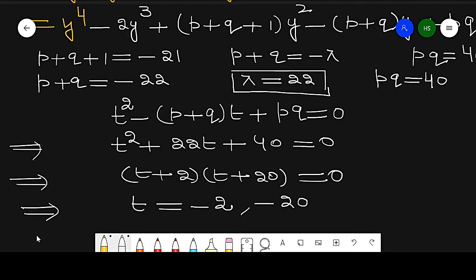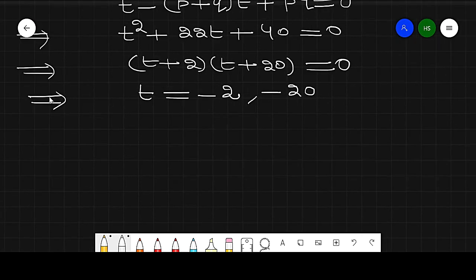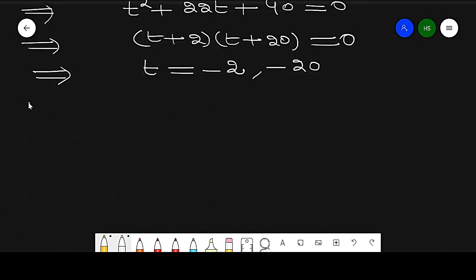Now it means one root is p and second is q. So the value of p is minus 2 and the value of q is minus 20.